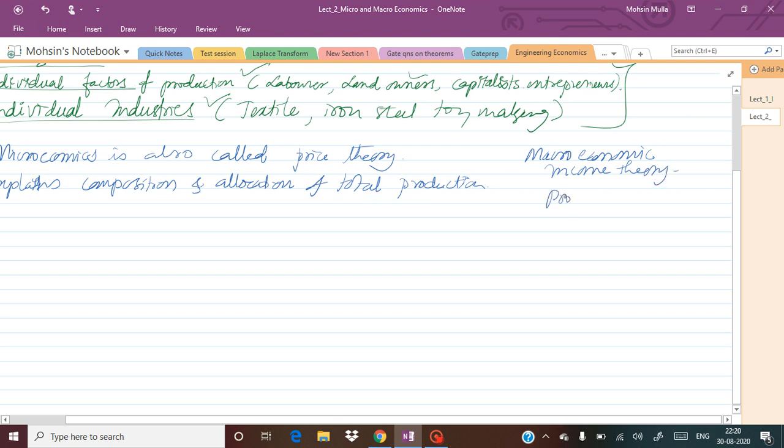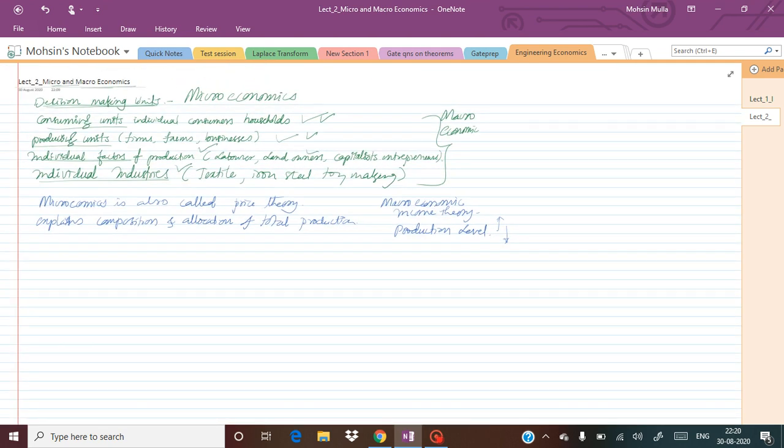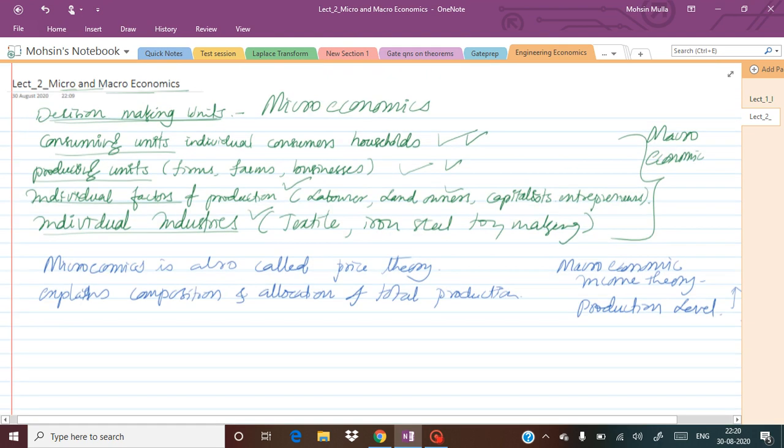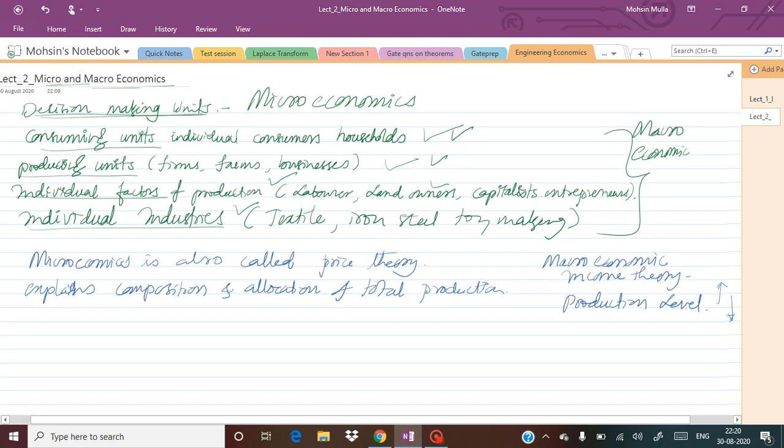It talks about the total production, so you understand whether the production level is higher or lower, or whether the overall production needs to be increased or decreased. That is the basic difference between micro and macroeconomics. I hope you are all able to understand that.